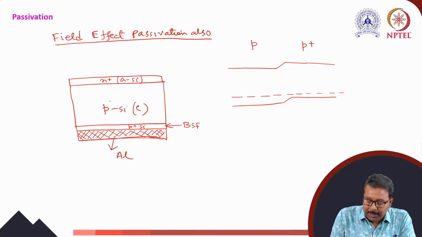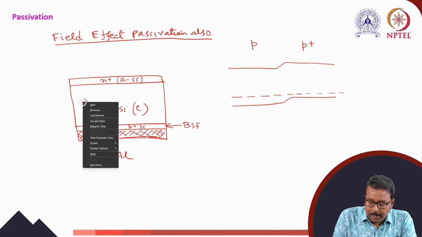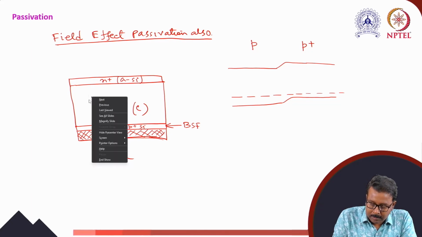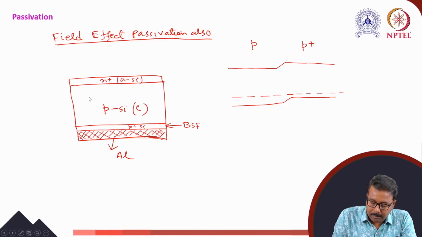Here in P silicon, you see the minority carrier is electron, and this is electron, and this is hole.